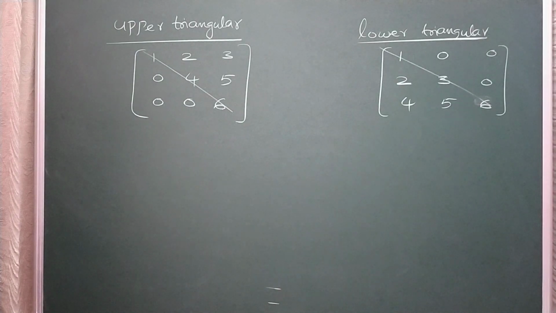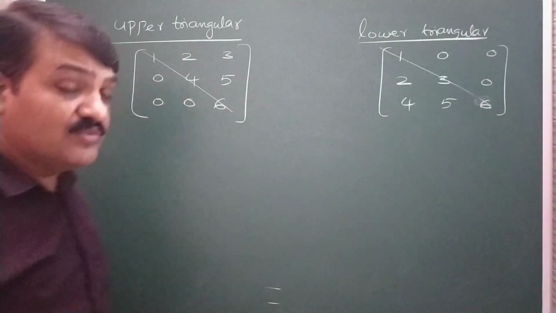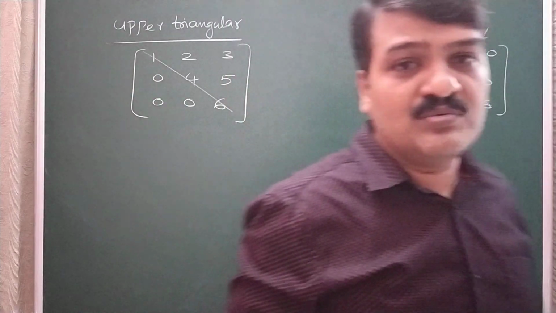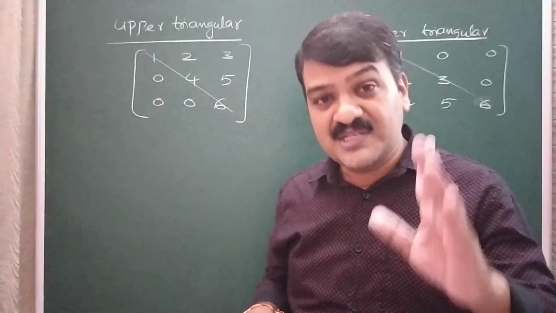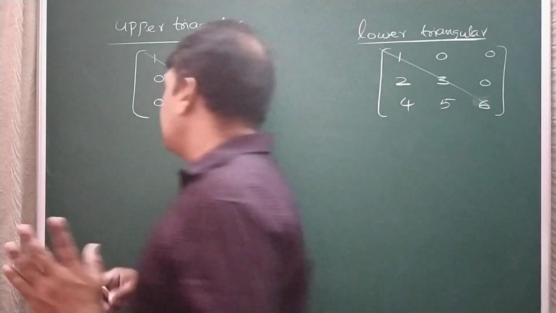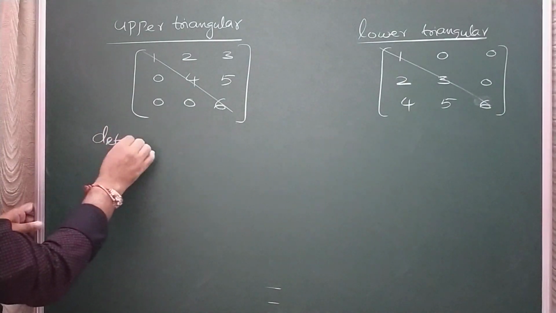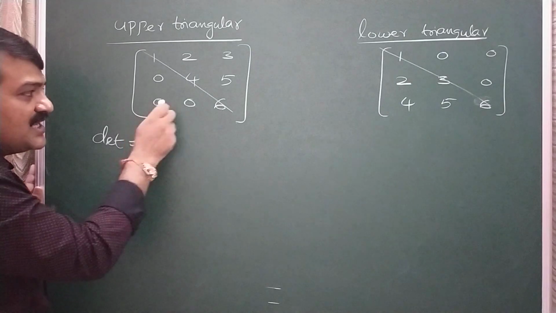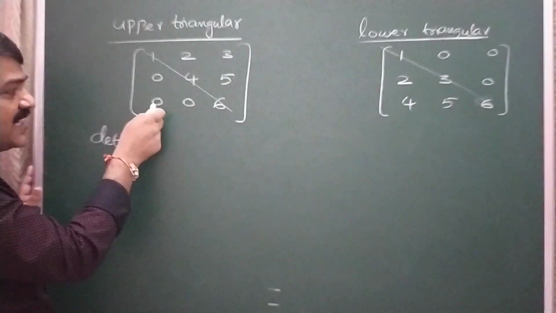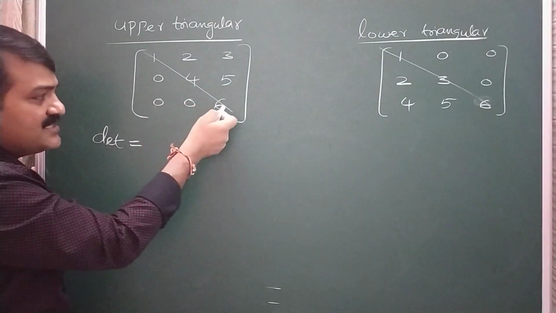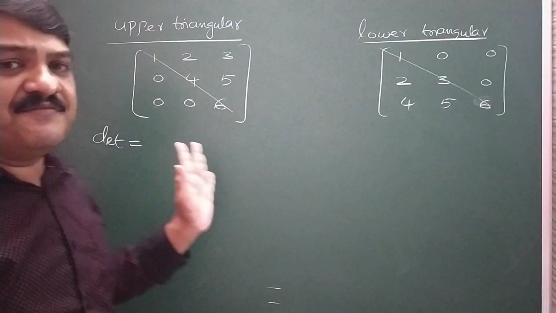Let us find the determinant here. I told you, choose that row or column which has zeros. It will be easy to find the determinant. So let us find the determinant of this. If I choose the last row, it will be easy because I have two zeros here. Only 6 into its cofactor is enough for me.